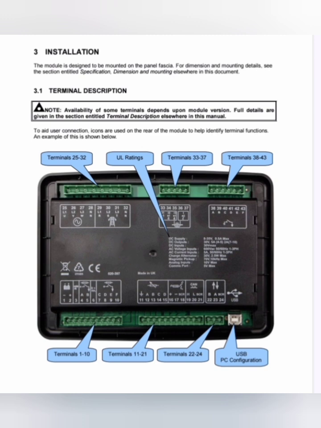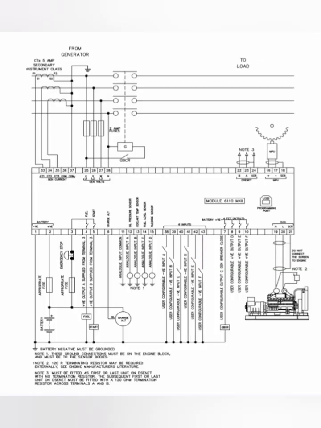After that, from 33 to 37 is our current transformer connection, and terminals 38 to 43 are the digital outputs. So let's move on to explain the complete diagram of this controller.